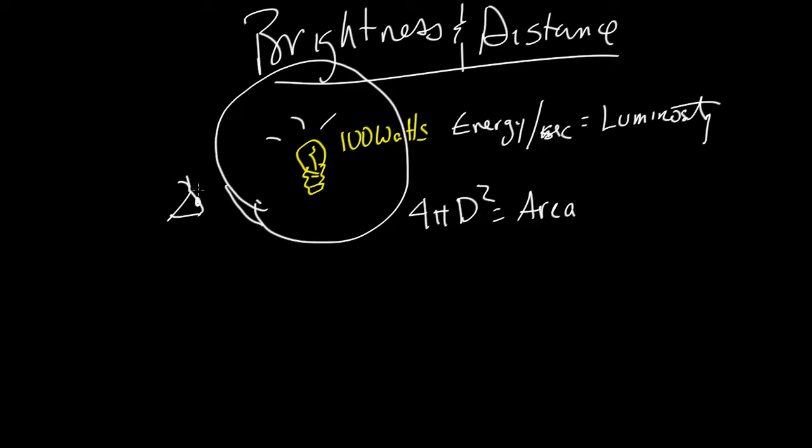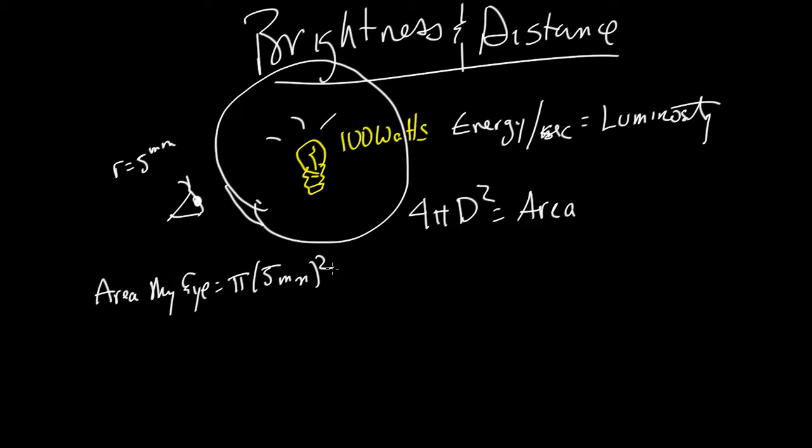So you could imagine my eye has, for example, a little radius equal to 5 millimeters. So the area of my eye is equal to pi times that radius squared, or 5 millimeters squared.